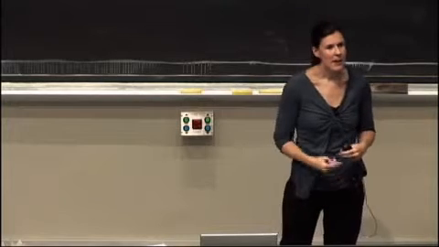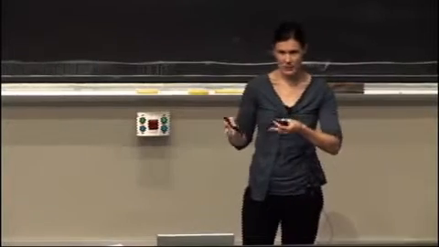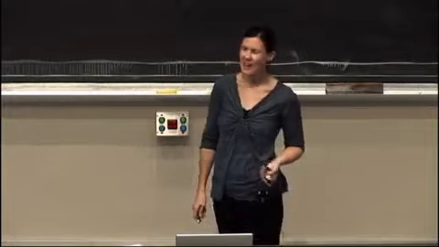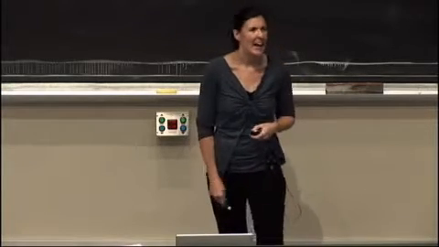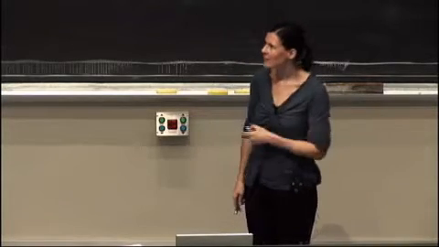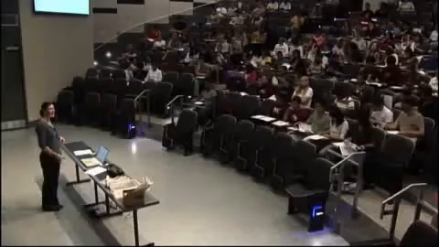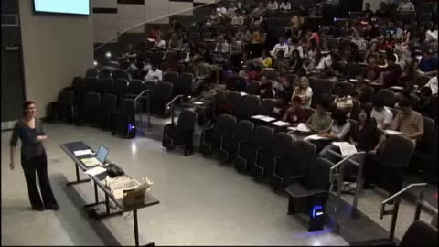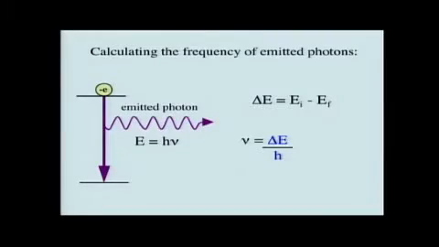When we talk about the frequency of light that's going to be emitted, it's not too commonly that we'll actually talk about it in terms of energy. A lot of times we talk about light in terms of its frequency or its wavelength, but that's okay because we know how to convert from energy to frequency, so we can do that here as well, where our frequency is just our energy divided by Planck's constant.